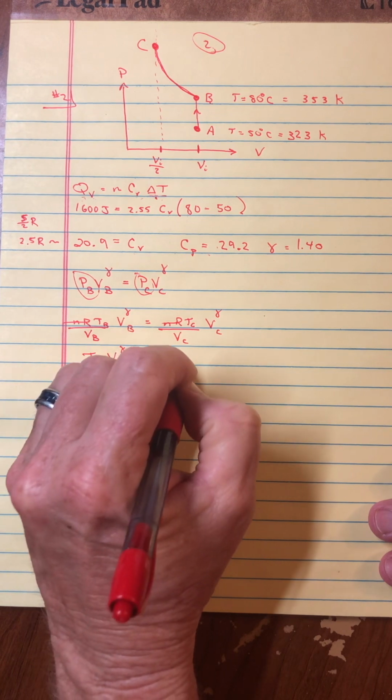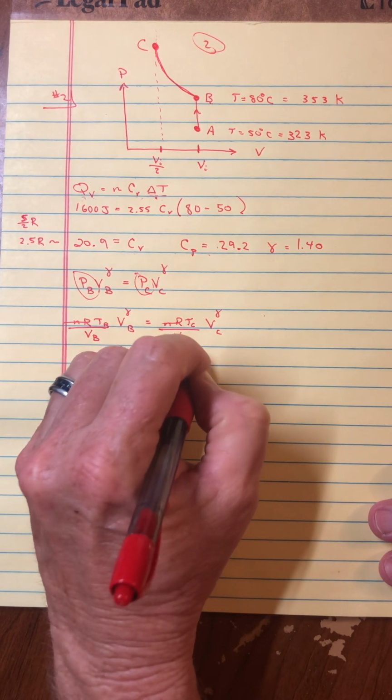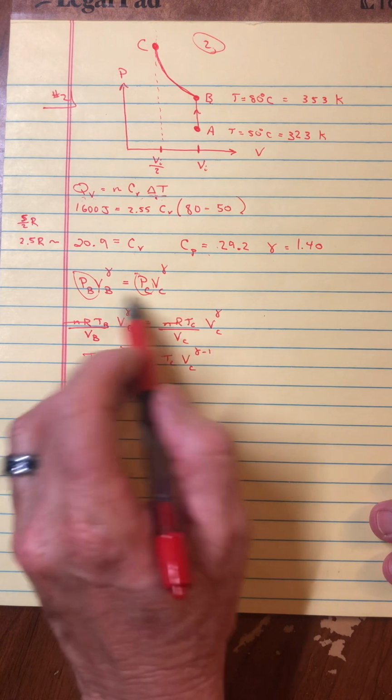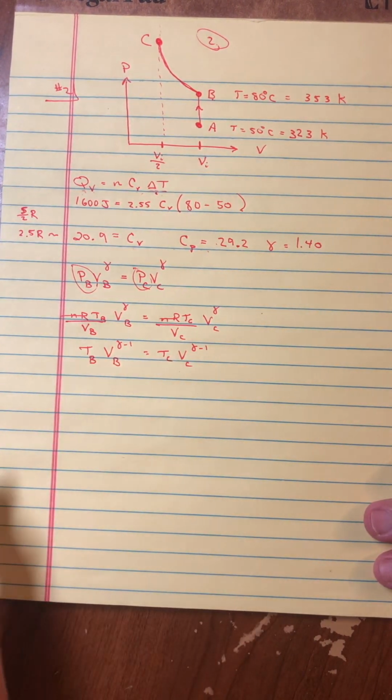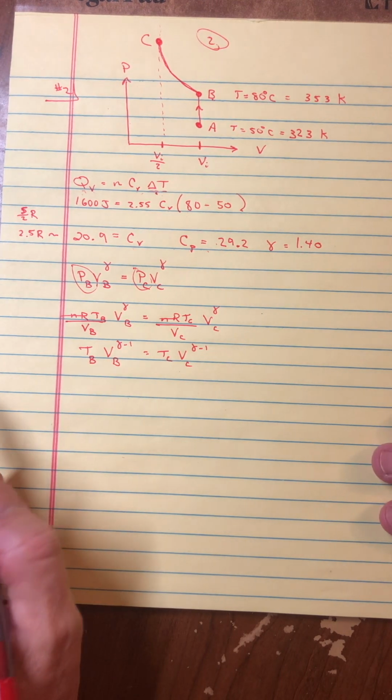And I have a feeling a lot of you will start with this equation instead of the one we derived in class, because we've used that a number of times and you don't need to go through these steps during the exam.